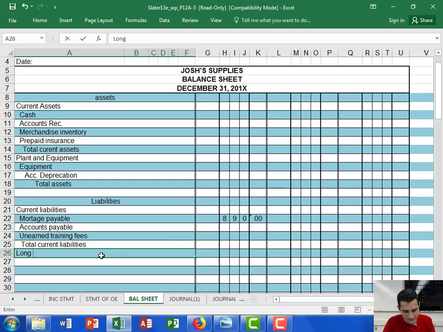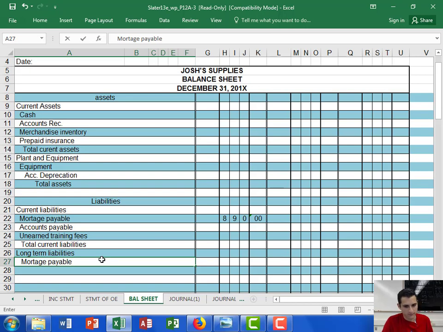Then you're going to advance to your long-term liabilities. Which will basically be only the rest of that mortgage payable. Okay?